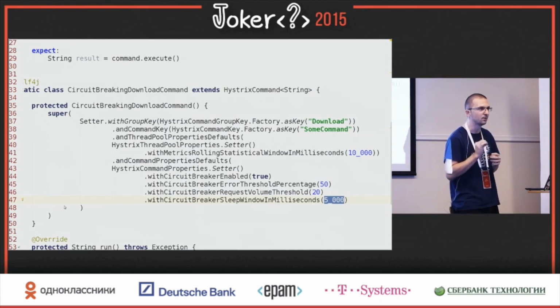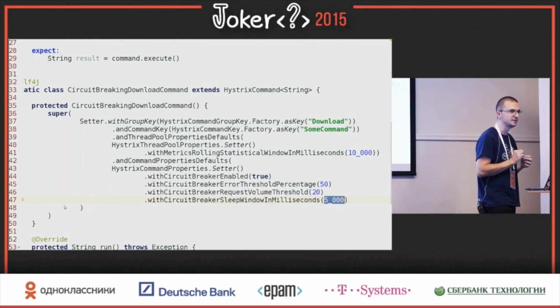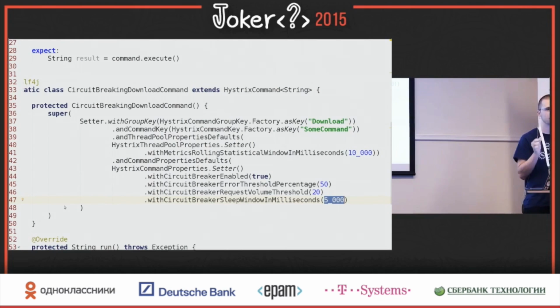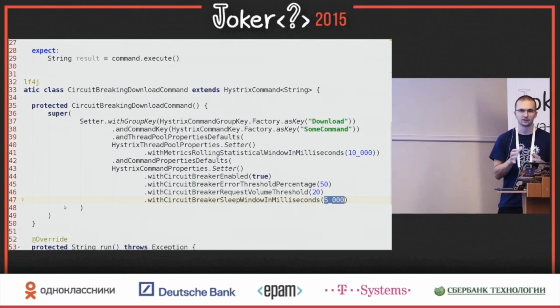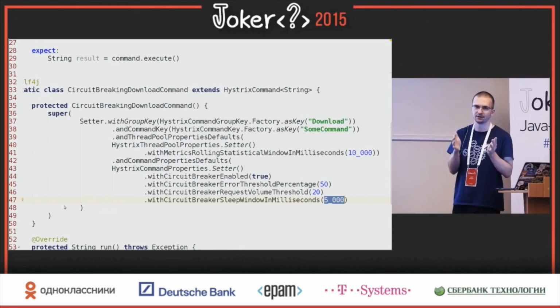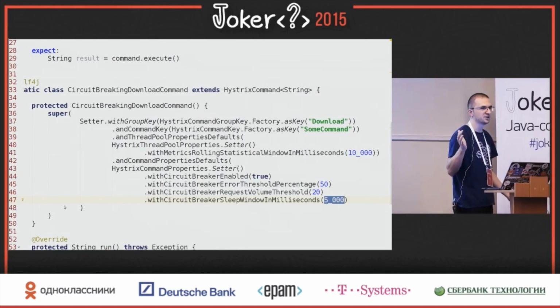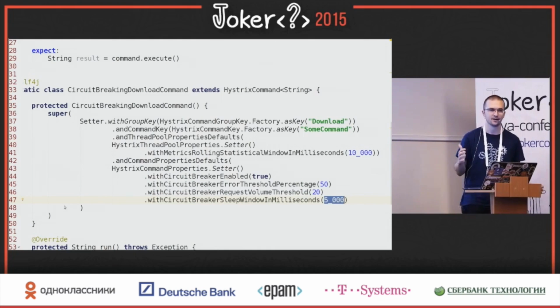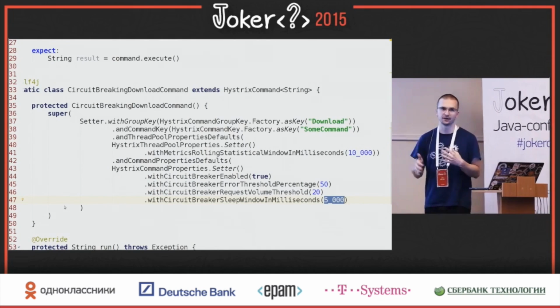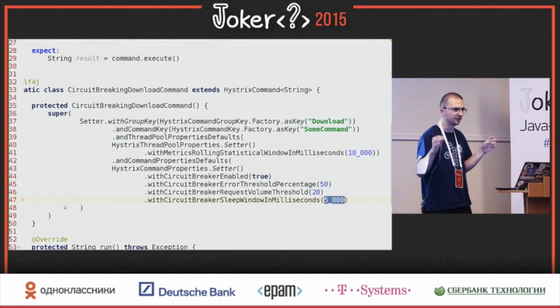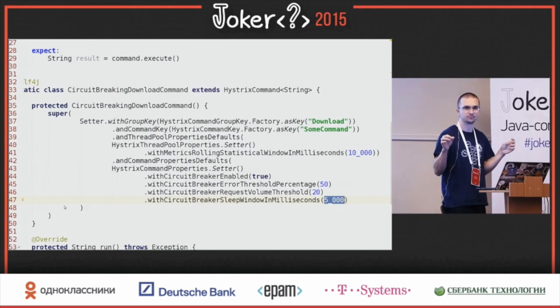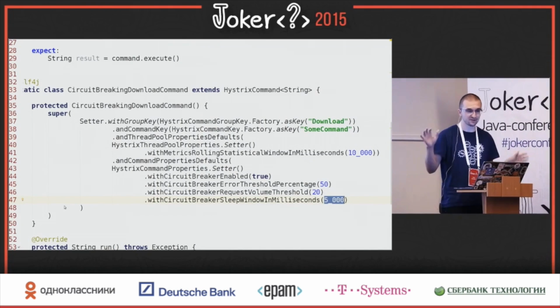If the single scout, if the single sample succeeds, the circuit breaker is closed again, and we are back to business. We are again calling the external system. If the sample failed, then nothing changes. We go back to the open state, and we wait another 5 seconds to send another scout, another sample. Is that clear? How it works? Cool.